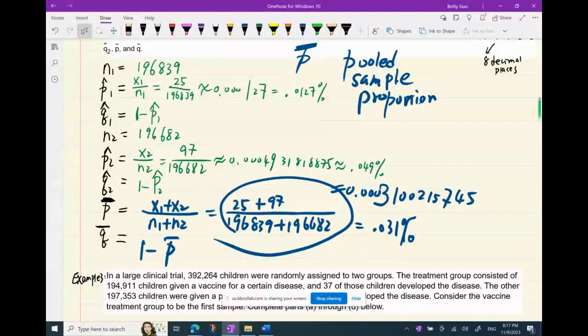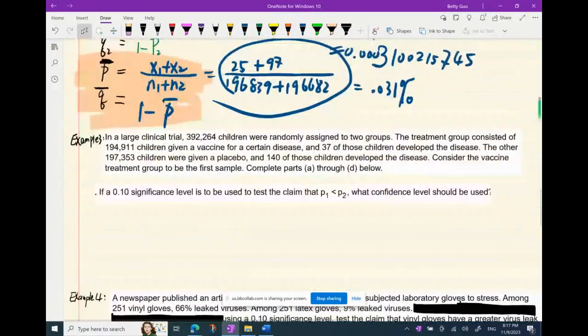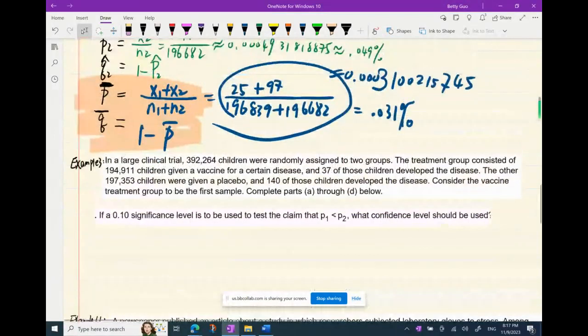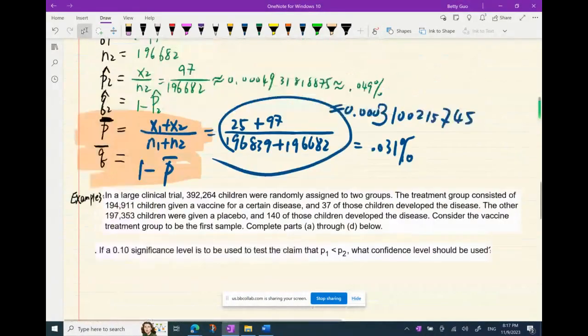All right, guys, I think this question is mainly about P bar, to get familiar with those notations. So let's go to example 3. If you have any questions, please let me know. So far so good?